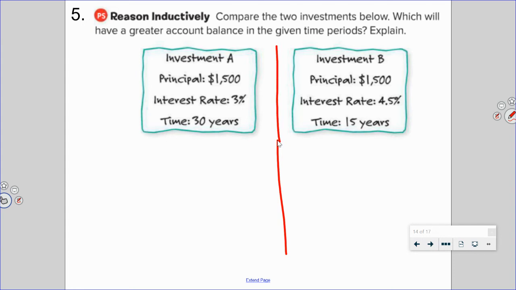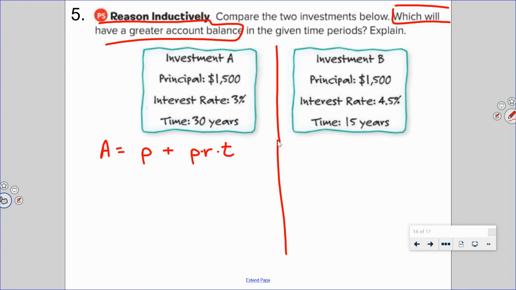Two different companies, two different investments. The question we have is, which will have a greater account balance in the given periods of time, and explain. So let's go ahead and use the big one, as in don't just find the principal times the rate times the time, the interest. Let's add the principal with all that stuff. Therefore, first amount, $1,500.